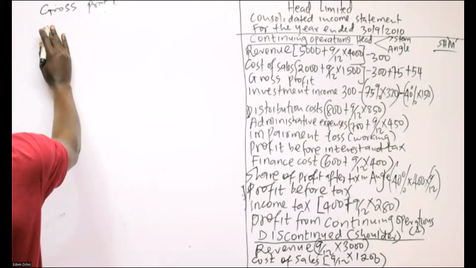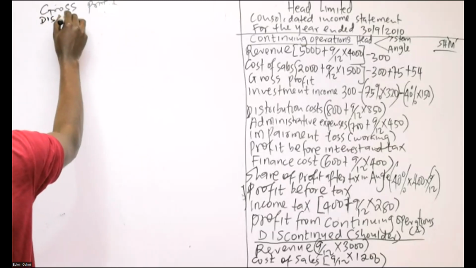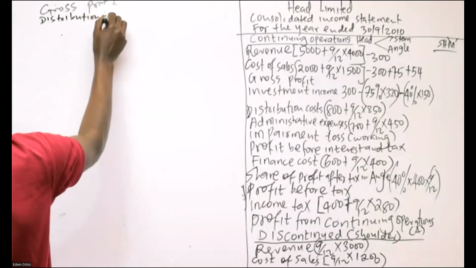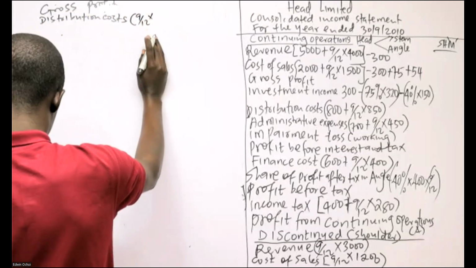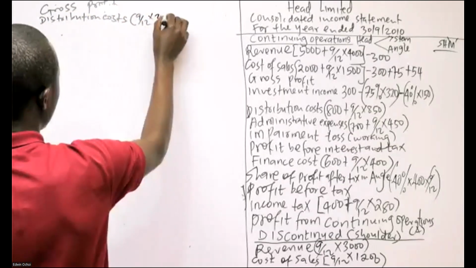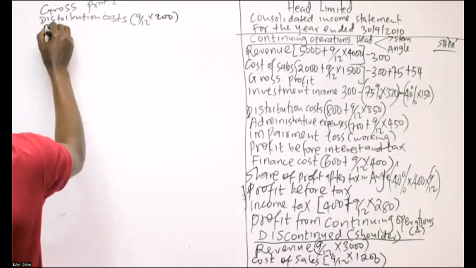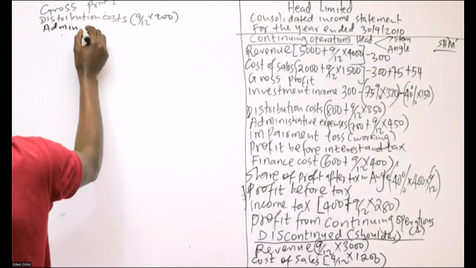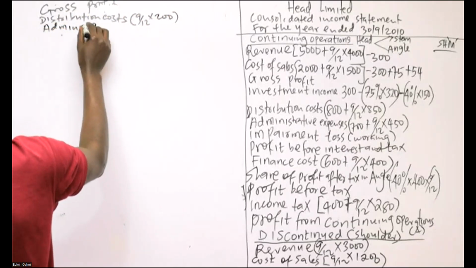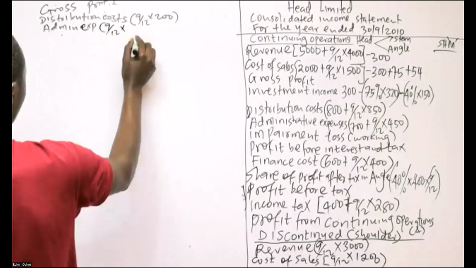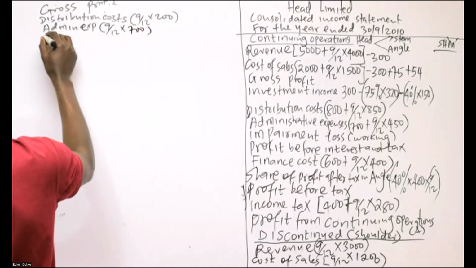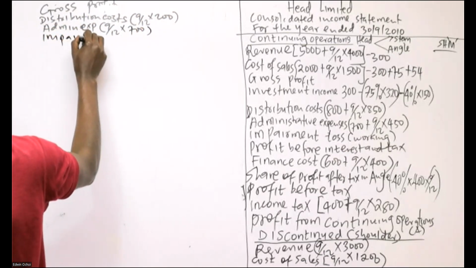Then after that, you talk about distribution cost. So 9/12 times 200. You talk about admin expense, which is 9/12 times 700. You introduce your impairment loss.